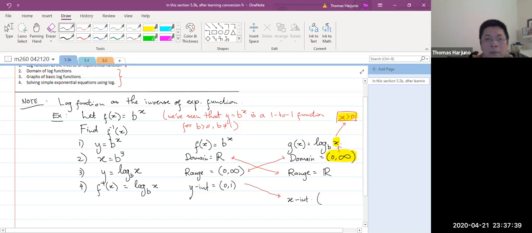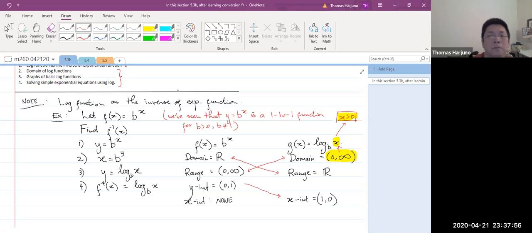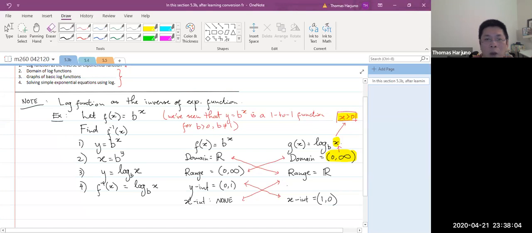That would be (1, 0). And in the exponential function, we don't have an x-intercept. So when we go to the logarithmic, the inverse function, we won't have a y-intercept.